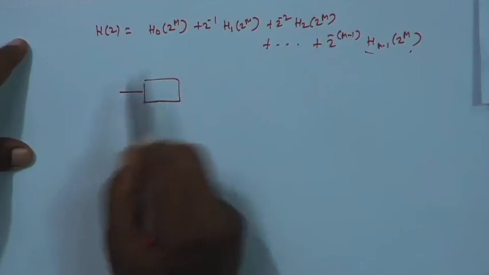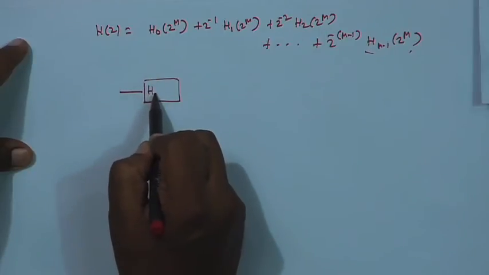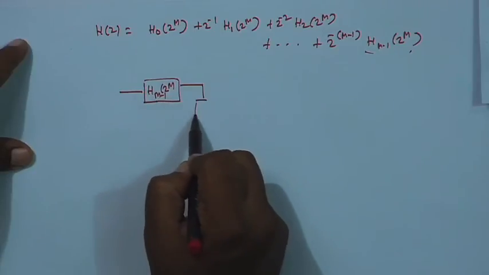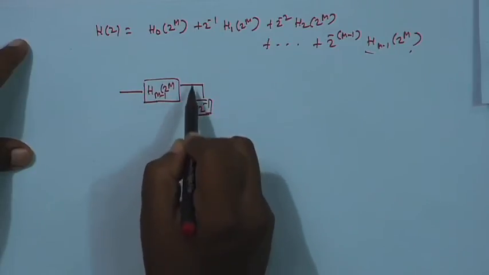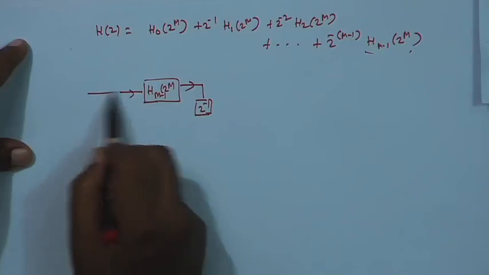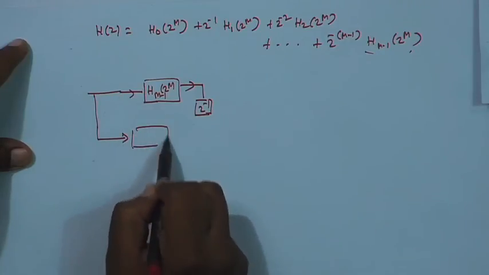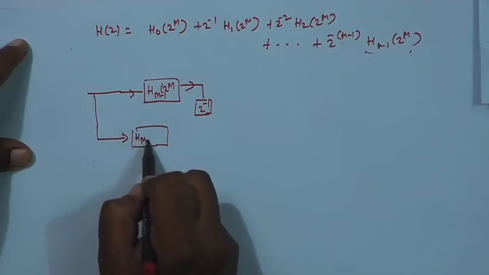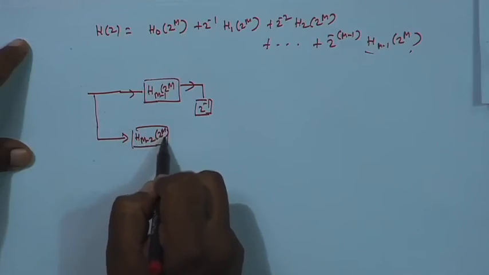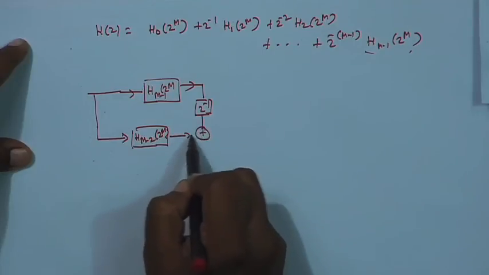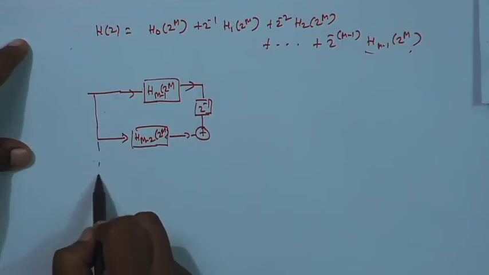There is the top filter, instead of H 0 z inverse, let me write this. Then let there be one delay. Then the next filter, one delay, dot dot dot.